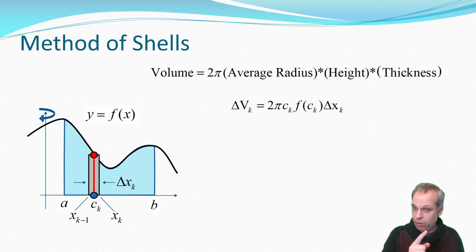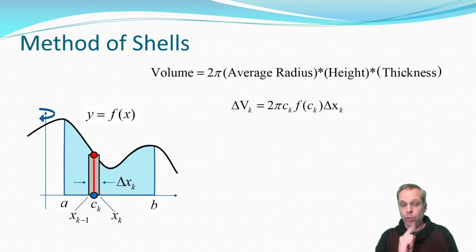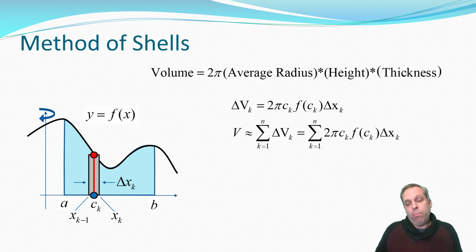So my volume generated from that one little rectangle as it rotates around and creates a shell is given by this formula. So the overall volume is about equal to the sum of these little volumes, and that creates for us a Riemann sum.